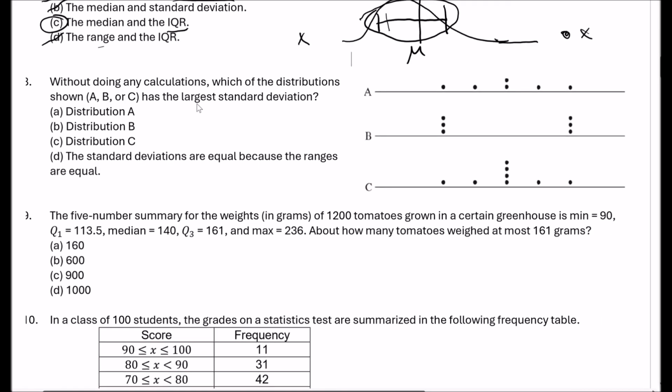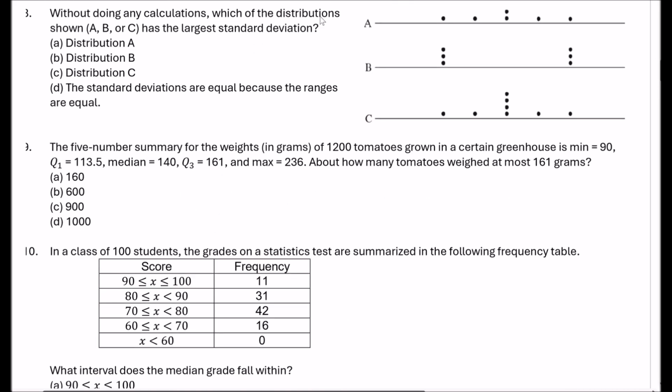All right, so without doing any calculations, which of the following distributions has the largest standard deviation? All right, so remember, the standard deviation is a measure of spread. So which of these is more spread out? In other words, which of these is not as flat, right? And more clumpy and spread out from everything. So this one has a little bit of clump here, right?